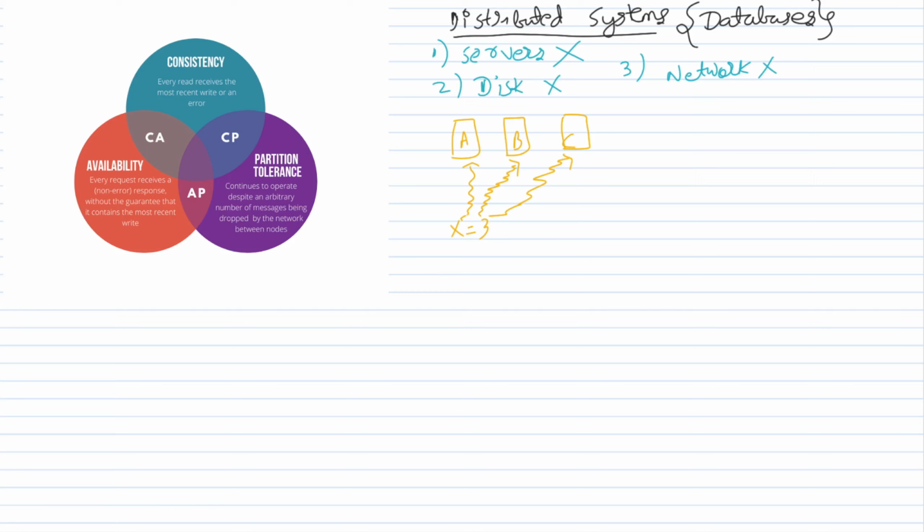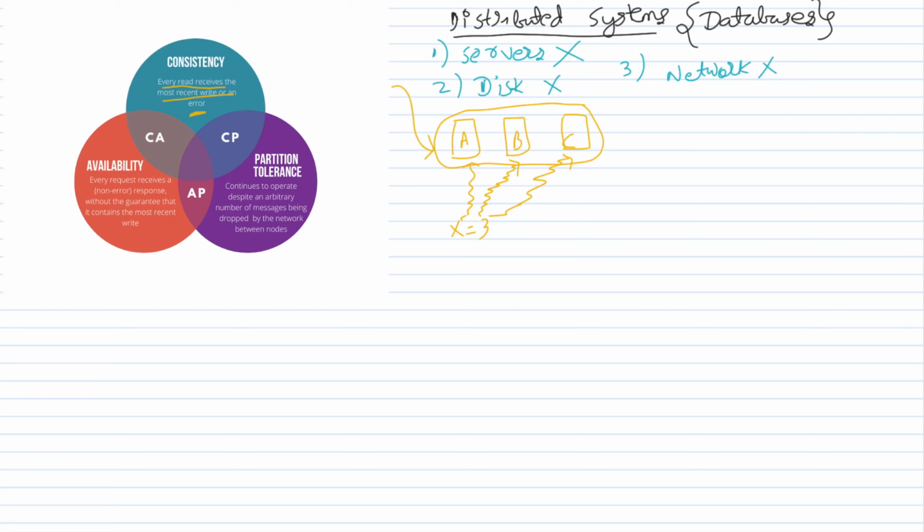So every read receives the most recent write or an error. If A is returning an error when asked for the value of x, B and C will also return the error. All of them are in sync with each other at the same time. This is what consistency means.